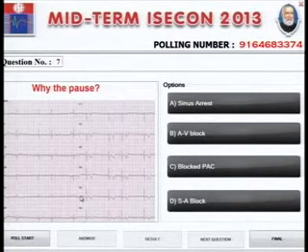And the alternatives are sinus arrest, AV block, blocked PAC, or SA block. So pull out your phones, and this is question number 7. You have it in your booklet. You have those small booklets with you.